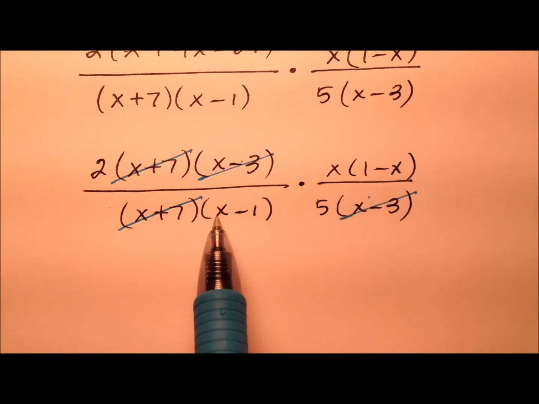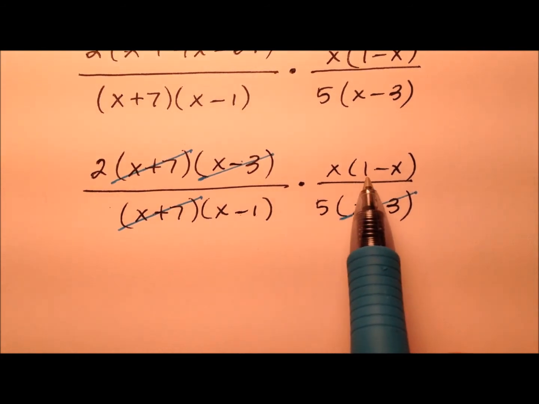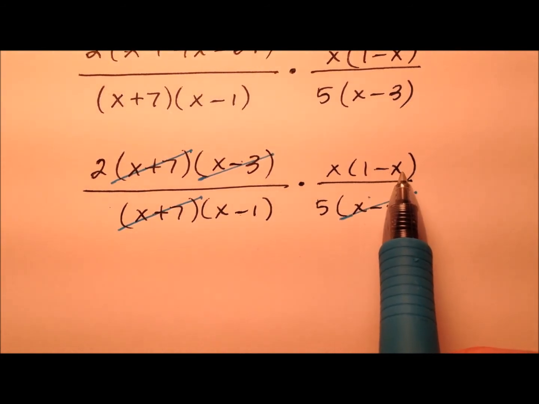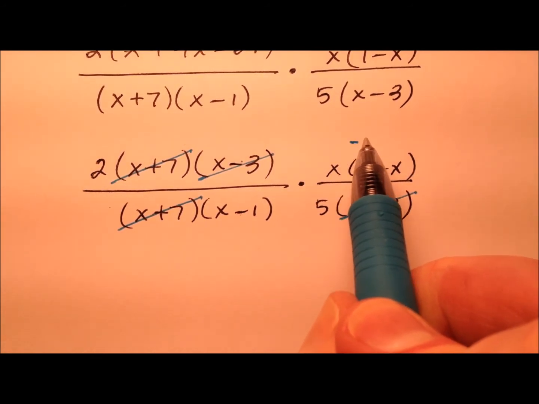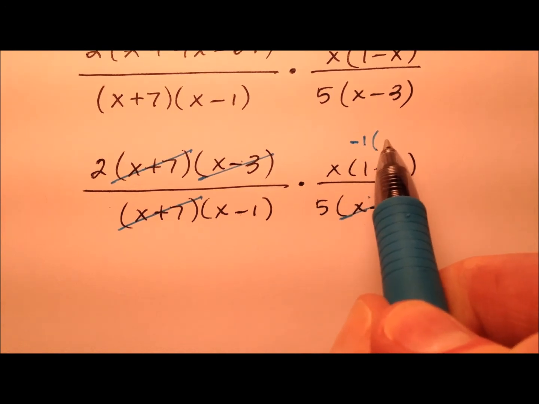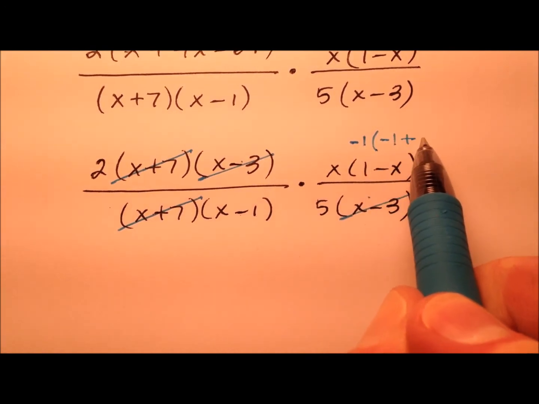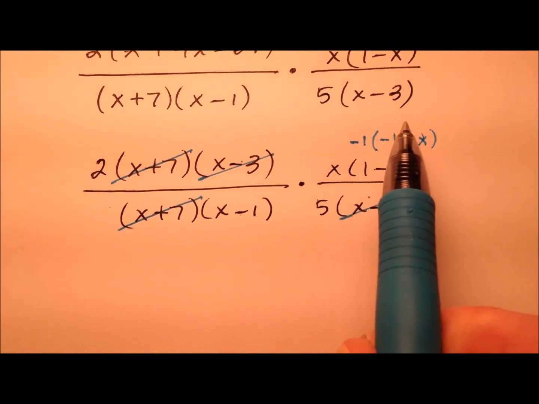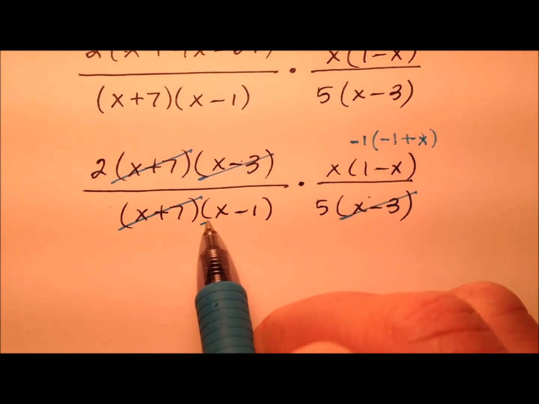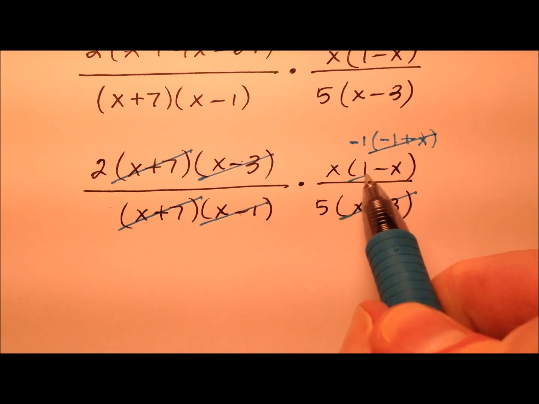And then when we look at this x minus 1, we have up here a 1 minus x. Recall from a previous video, if we factor a -1 out here, this ends up being -1 times (x minus 1), or x minus 1 with a negative. So then these are the same thing.